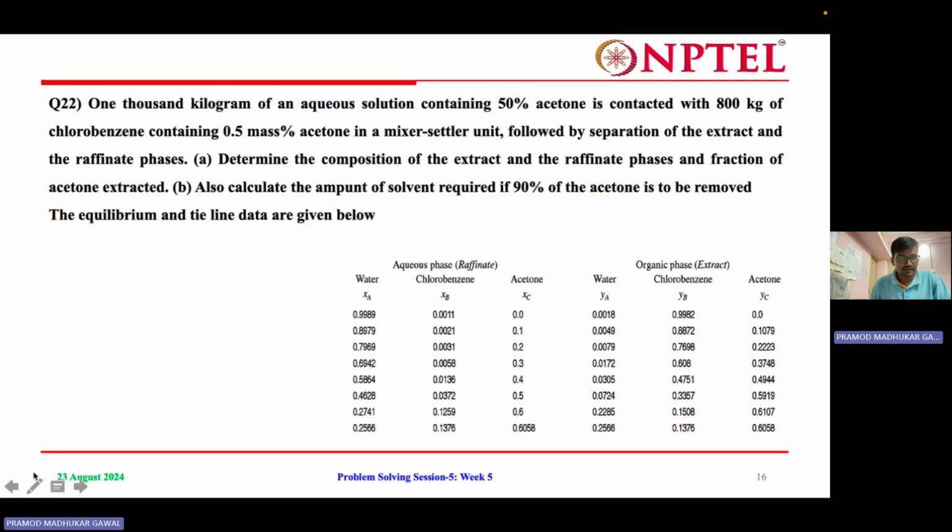Now moving to the second part: calculate the amount of solvent required if 90% of the acetone is to be removed, right?